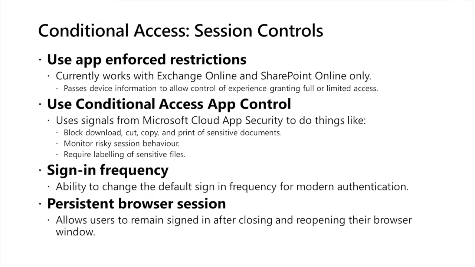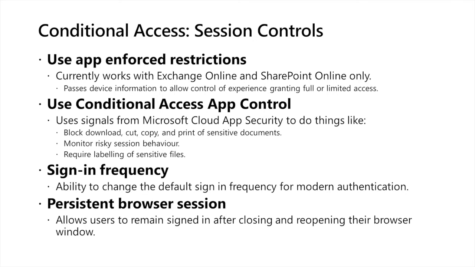So the session controls, you can even go more granular. So I could have the situation where I might say, okay, I've got my app here. I'm allowed to open this particular document on this particular app in this particular location, and so on. It's that granular, seriously. So you can use a conditional access app control policy.